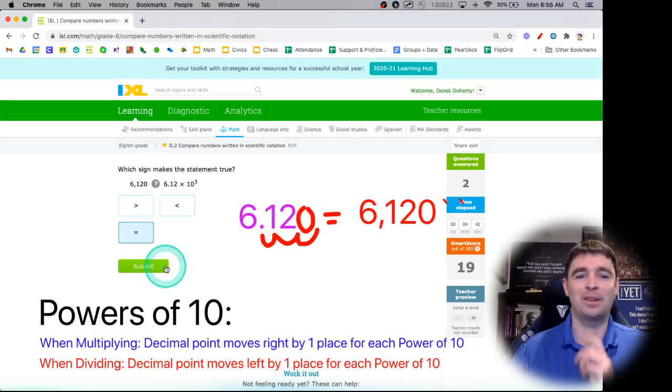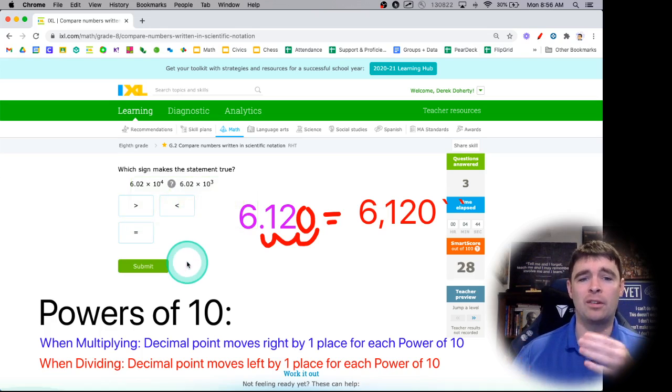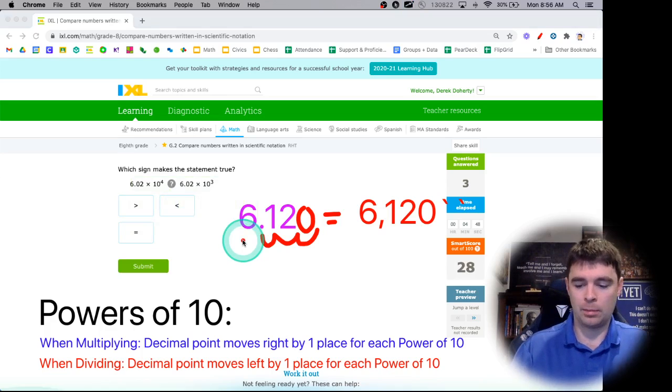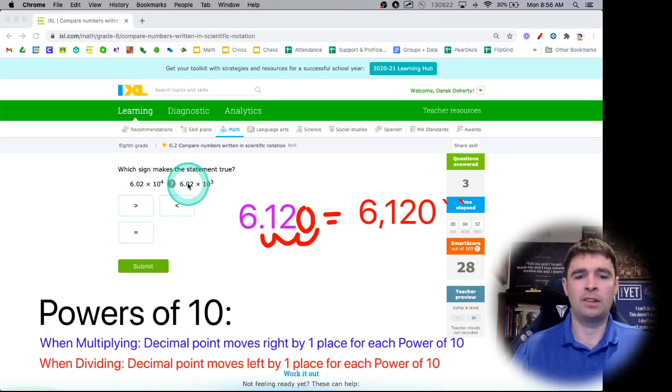At some point they're going to give us one that actually shows one number larger or smaller than the other. And here's our first example. We have 6.02 times 10 to the fourth and 6.02 times 10 to the third.